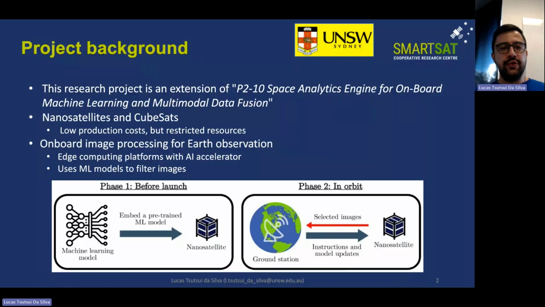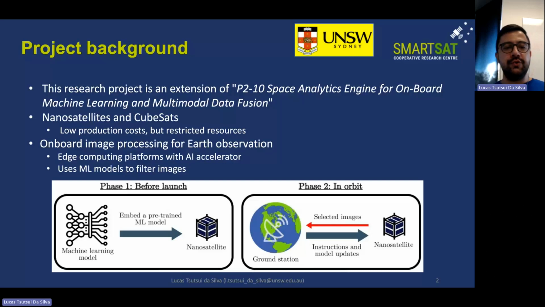The idea is to use the machine learning model to filter the images of interest and send them to the ground station. And performing this task on board allows the satellite to reduce the data communication and the power consumption, because it's going to send only a few selected images.